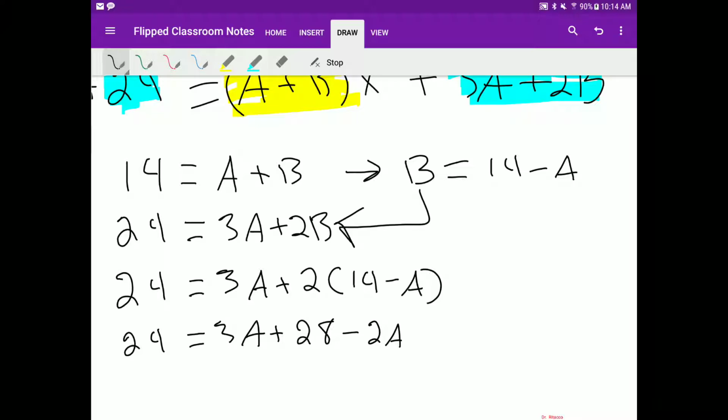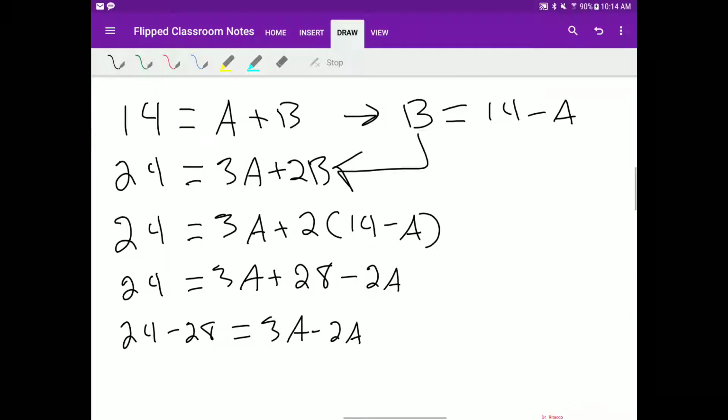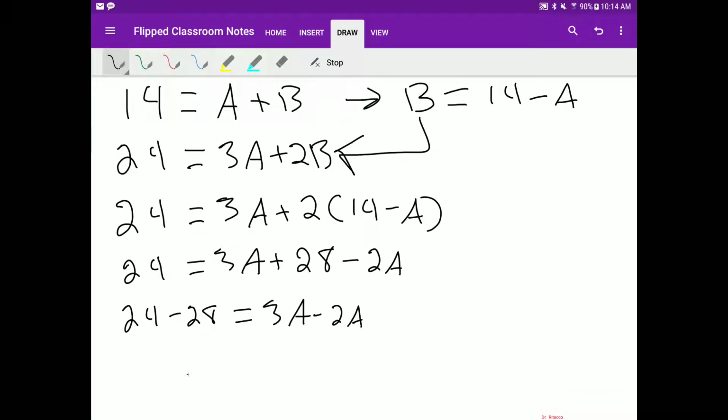We subtract 28 from both sides. So we'll have 24 minus 28 is equal to 3a minus 2a. So that we get negative 4 is equal to a. And that's our value. Now we know a must be negative 4.